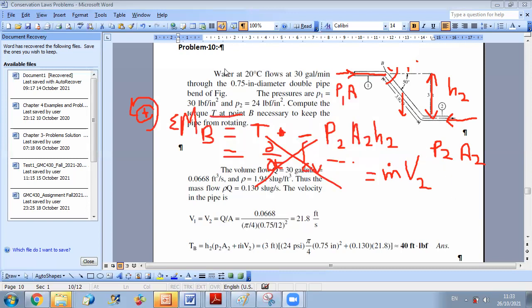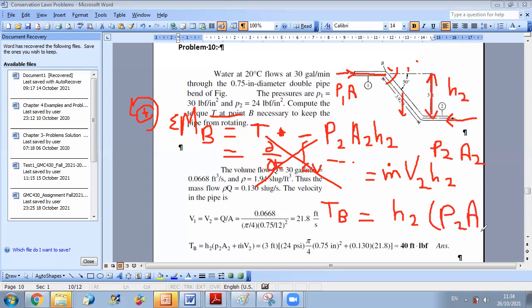Now all you have to do to get T is to take this term to the other side. If you take this term to the other side, you get that the torque that should be developed at B to have the steady state case is equal to, you can take H2 as a common factor, so you get inside your brackets P2A2 plus m dot V2.